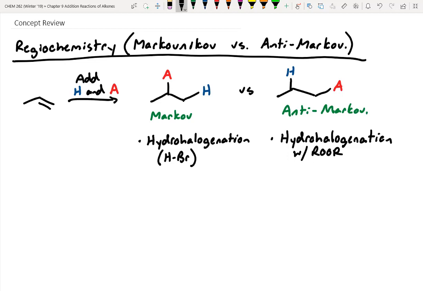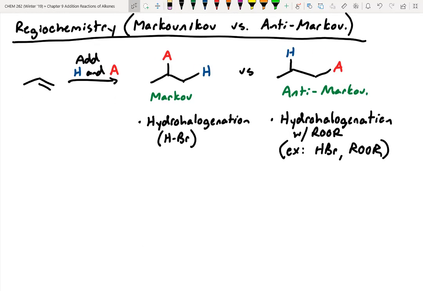And if you remember, we used alkyl peroxides. So the example we had here was HBr plus our alkyl peroxides. So we could change the regiochemistry for that reaction depending on that impurity, or in this case, added impurity.